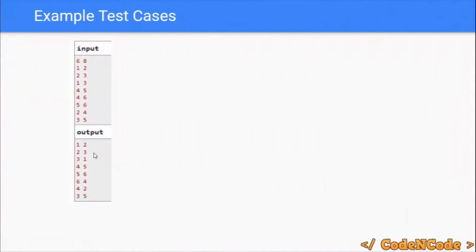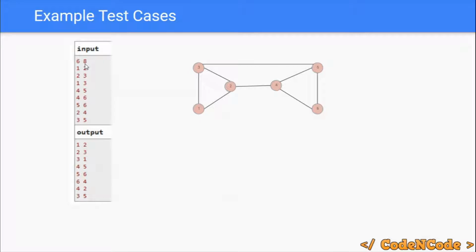Let's take another example. This is the second example with 6 nodes and 8 edges. These are the edges. If you see, this becomes a graph, right? So the output is this, which suggests that if we orient the edges this way, that is, 1 2 means from 1 to 2, 2 3 means from 2 to 3, and 3 1 means from 3 to 1, and so on.